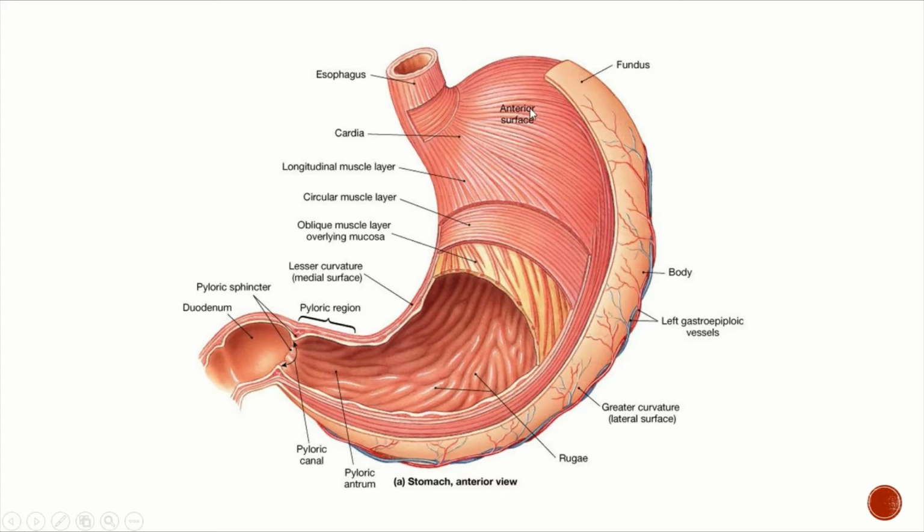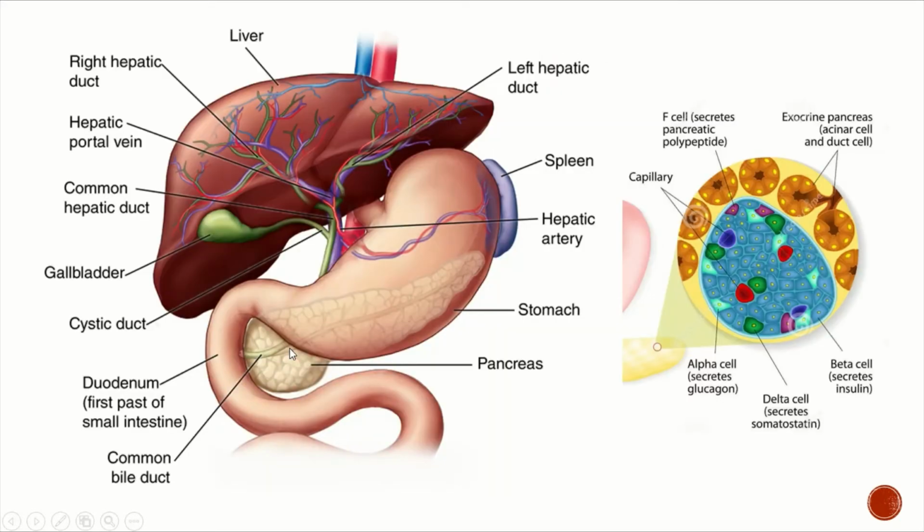Now, the stomach has a fundus and cardia, and for the muscular layers, it has a longitudinal layer, circular, oblique, and here we have the mucosa. After that, when food is in the duodenum, we have some participation of the liver, gallbladder, and pancreas, releasing enzymes to the duodenum.